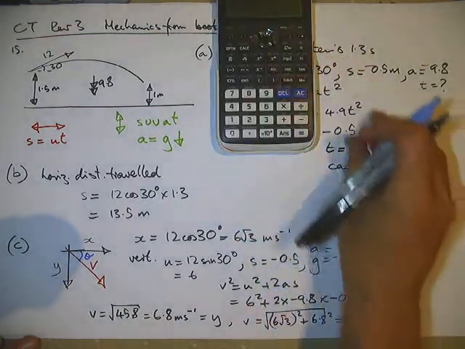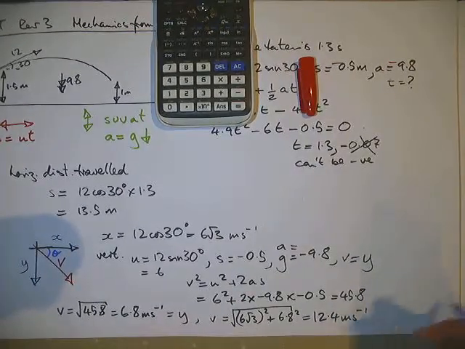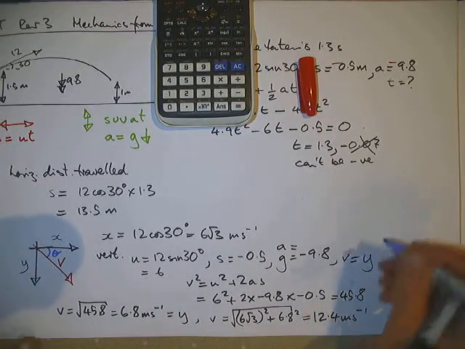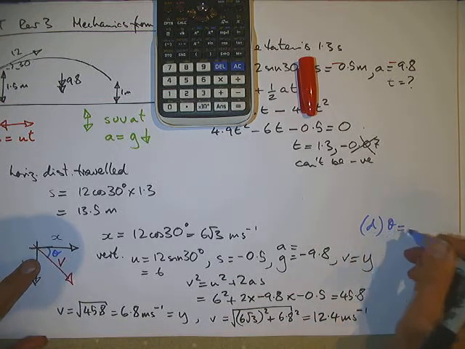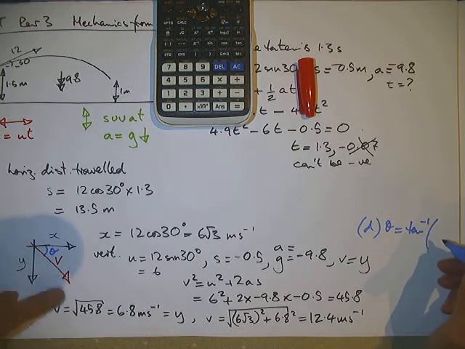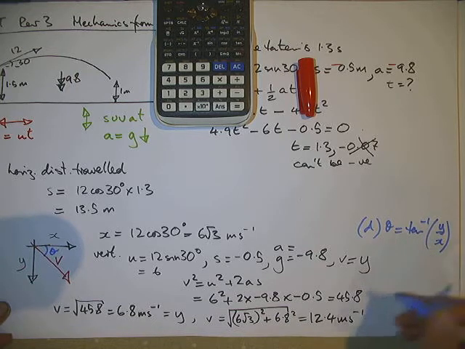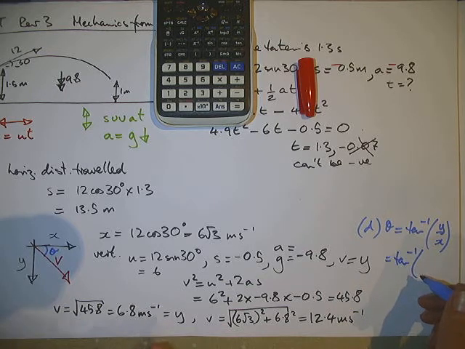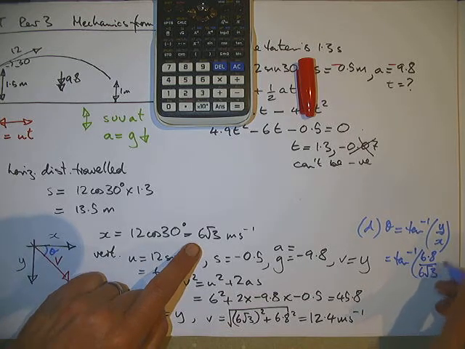I'm just running out of space at the bottom of the page there, so if I move that across, D, that angle is tan minus 1 of y upon x, opposite over adjacent, which is tan minus 1 of 6.8 divided by 6 root 3.